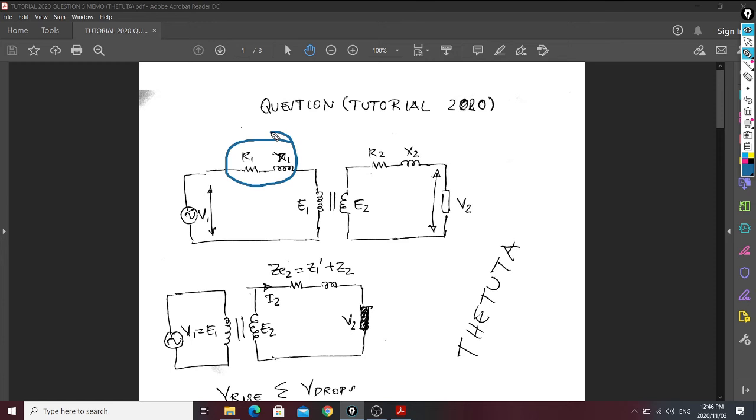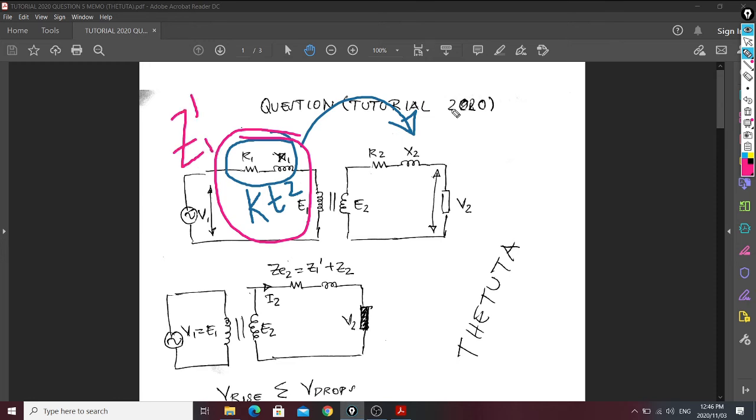If we have to refer it to the secondary, we always divide it by the KT ratio squared. So this guy referred to the secondary is going to be the impedance Z1 divided by the KT ratio squared.